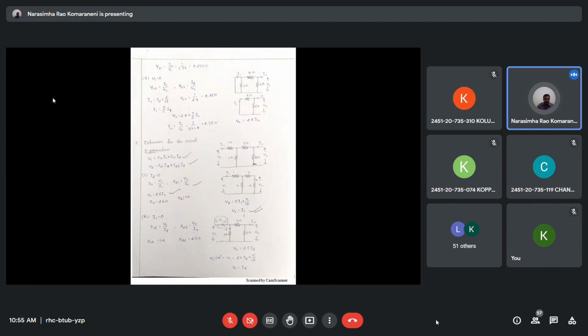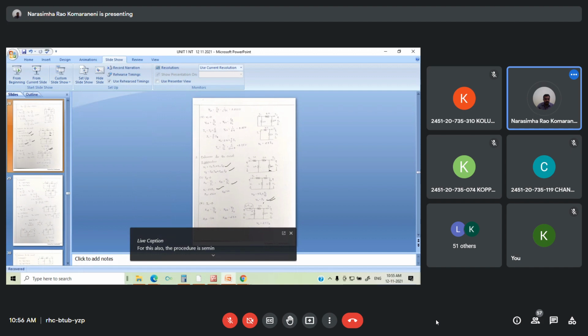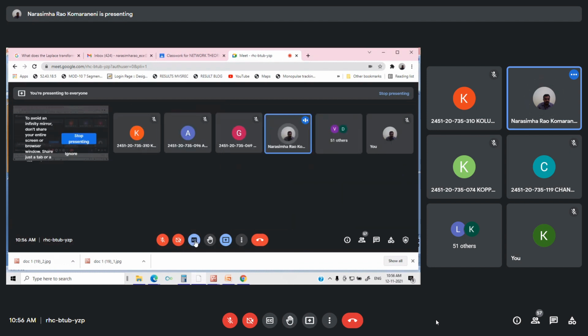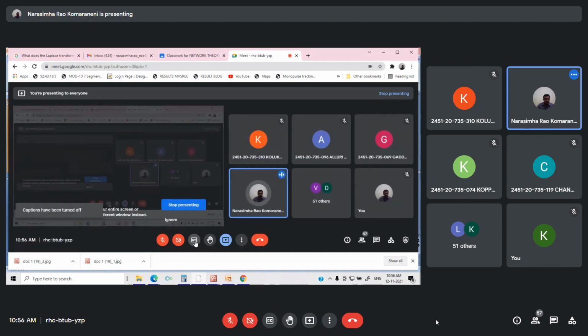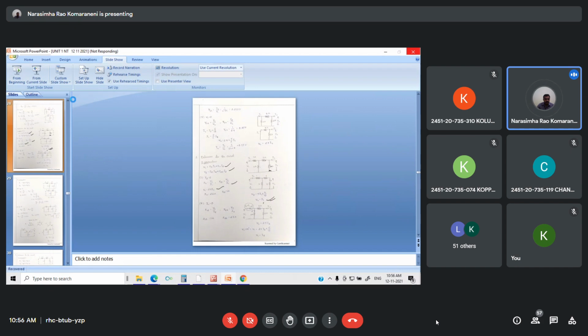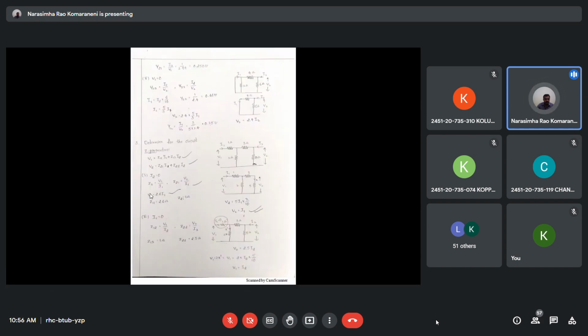For this also the procedure is the same. Three loops, so write the mesh equations, start on the mesh equations and find out I1, I2, V2 and V1.